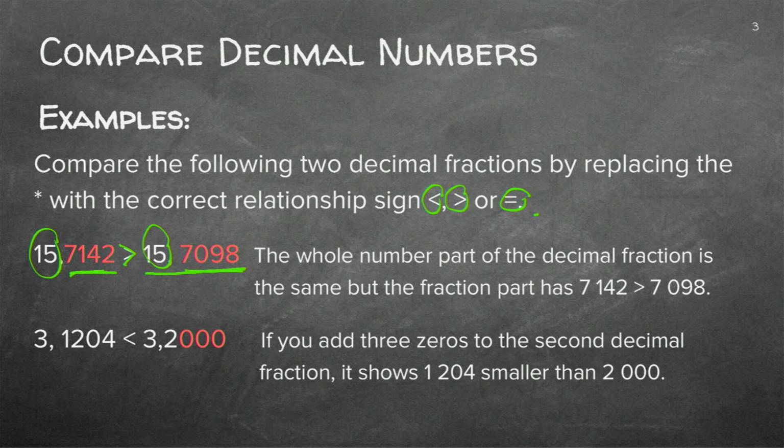So similarly, if they ask us to compare 3,1204 to 3,2. So remember I said it's much easier if we have the same number of digits that we compare. So we're just going to add, because there's 1, 2, 3, 4 digits there. So we're going to add 3 zeros to make this 4 digits. So it's so easy. Again, the threes of the whole number is the same.